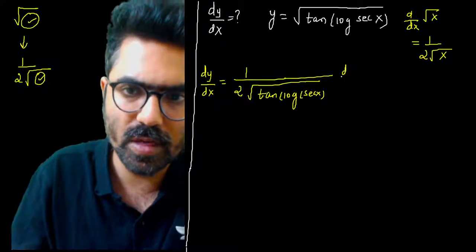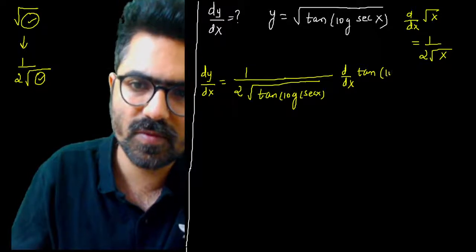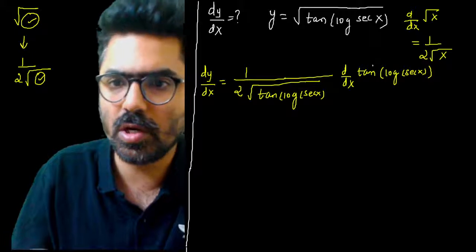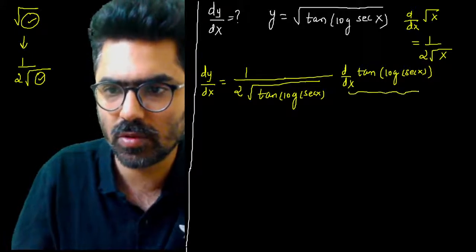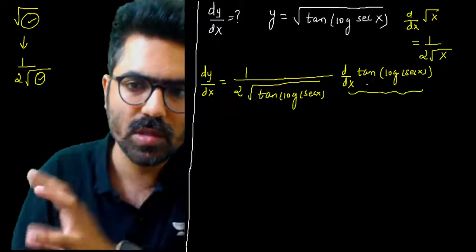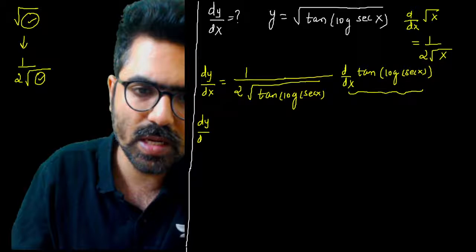Okay, now we'll reach the another part, into tan of log of sec x. Now this is again a second question. The first part is done. This is the second part of this question: tan of log of sec x. So I'll write dy by dx.